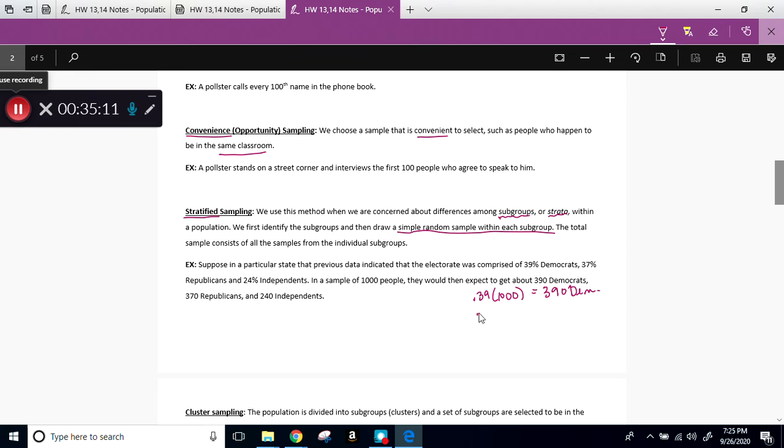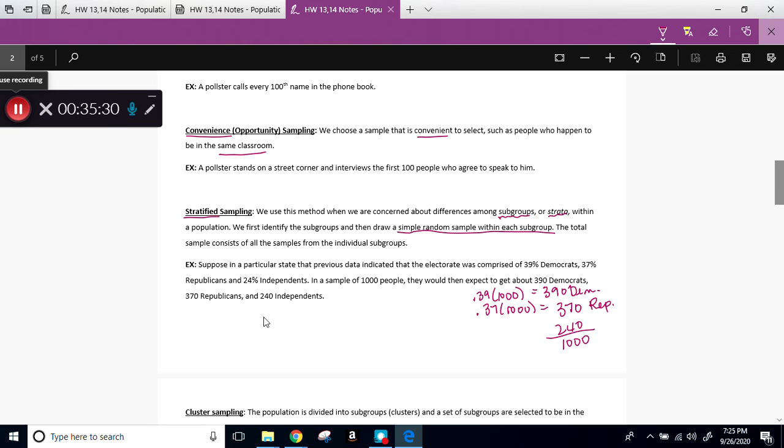And so if the Republicans are 37%, it'd be 0.37 times 1,000, 370 Republicans. And then do the same thing for independents. Those should add up to the 1,000. So what they're going to do is take those percentages.